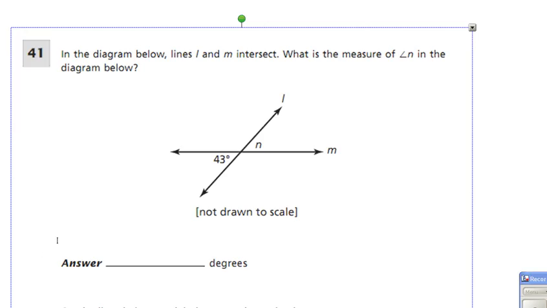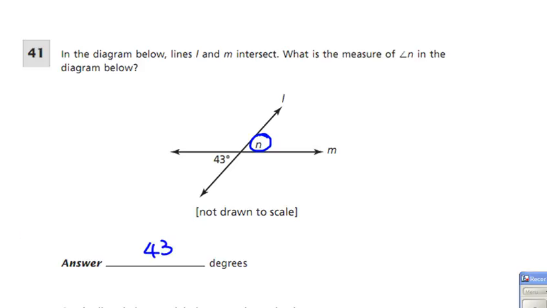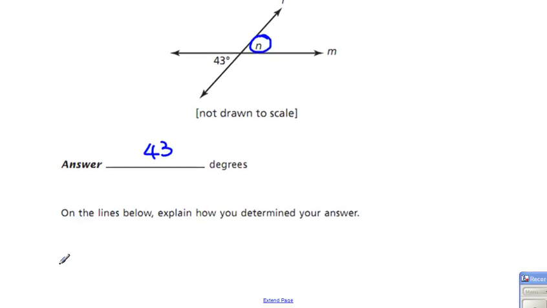Let us go for the next question here. Since this is 43 degrees, this is also 43 degrees because they're vertical angles. Okay.